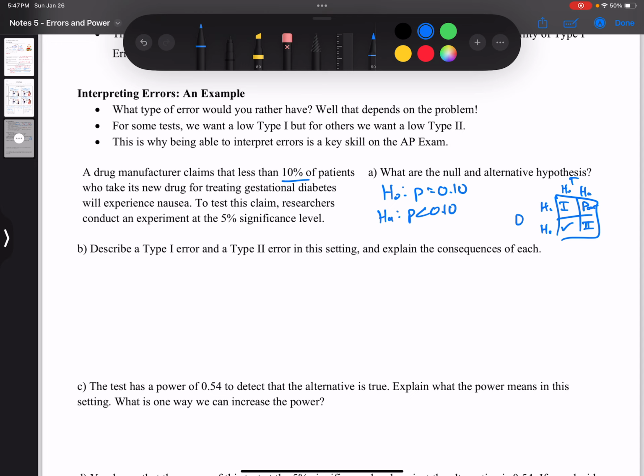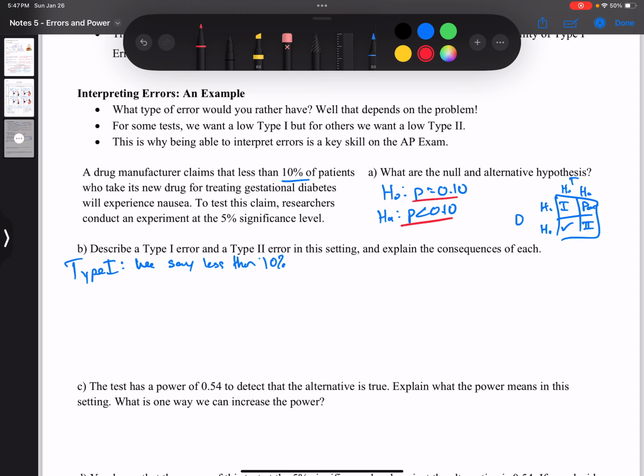Describing a type 1 error: type 1 error is up here in the top left corner, which means we reject when we should not have rejected, so we say that the alternative is true when it's really the null.